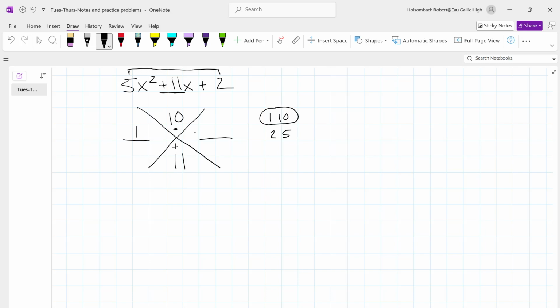So we go 1 and 10. Since everything is positive in the trinomial, everything is going to be positive when we factor. So we set up our next step. Our leading term, 5x squared, goes here.